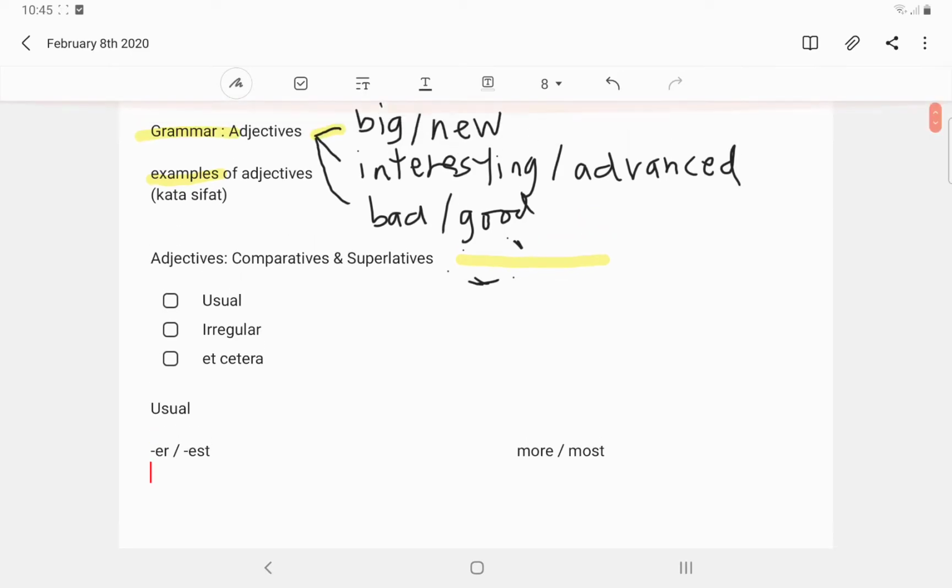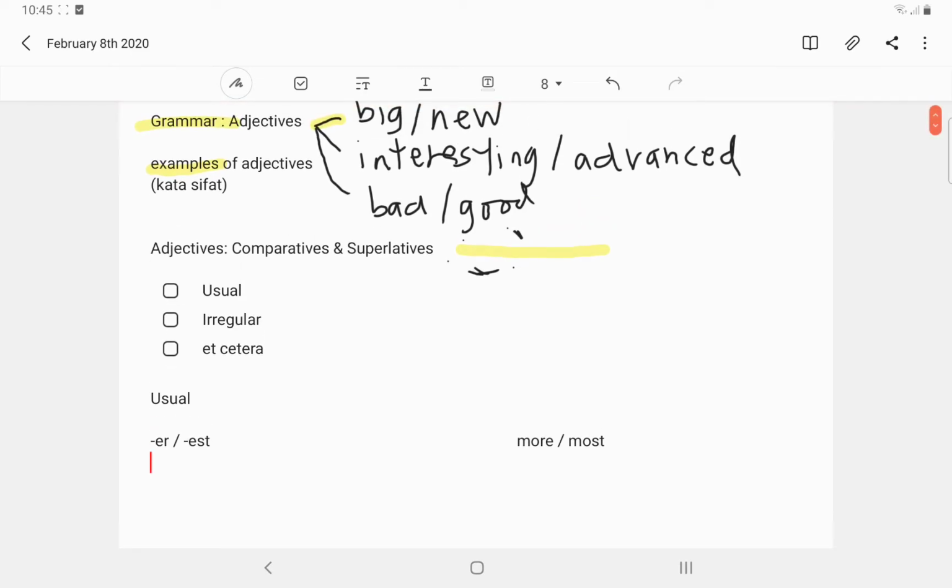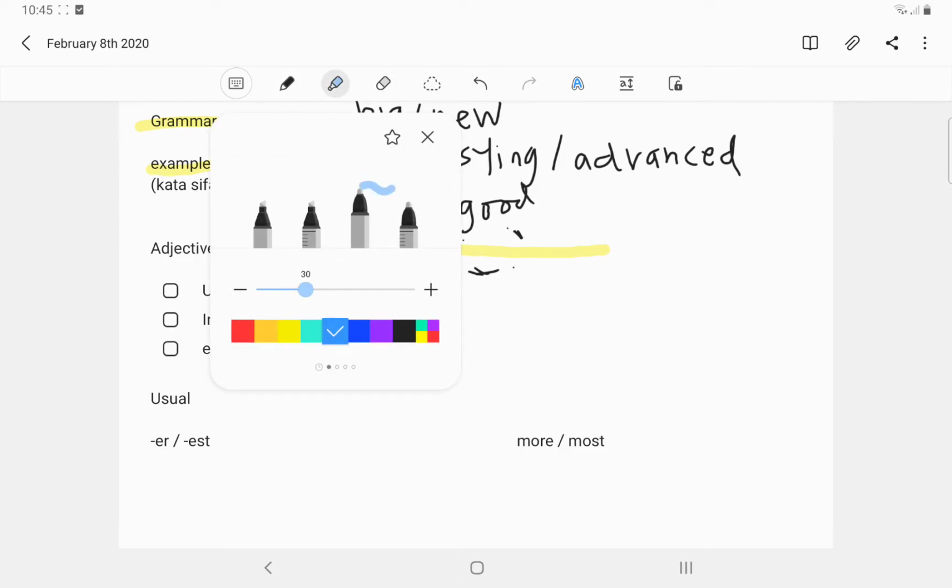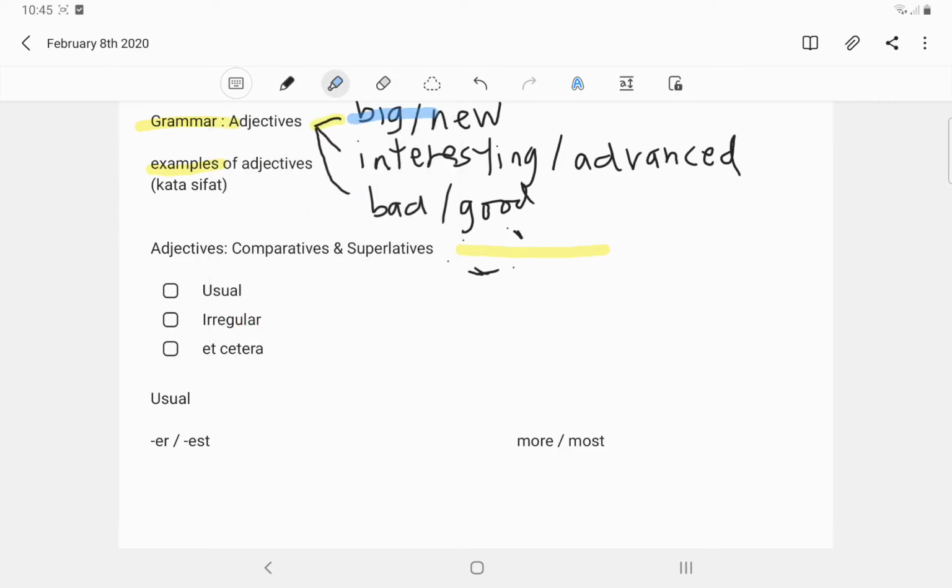Sebagai example, yang ini kita ada perkataan big dengan new. So big dengan new, it follows the first group. So new, dia akan jadi sama ada newer ataupun newest.